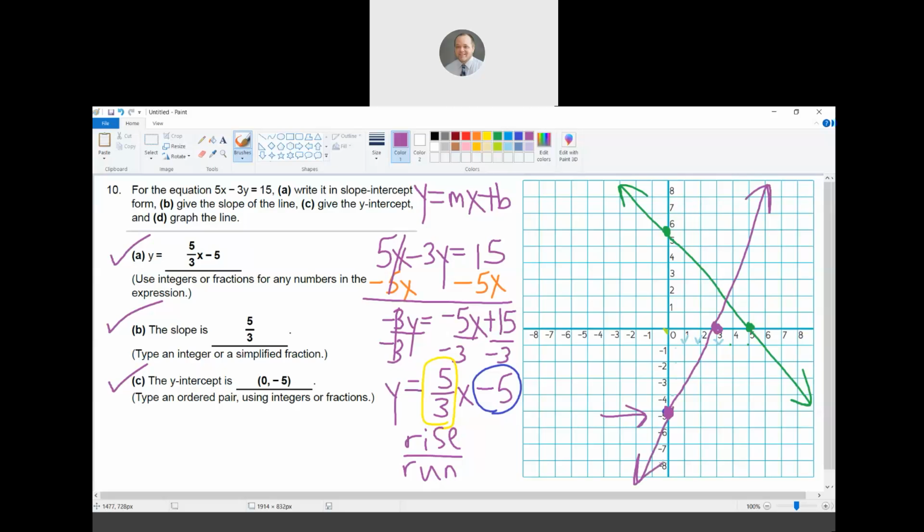Again, remember to use the graphing tool to graph just a regular line. All my math lab needs are 2 ordered pairs. Next question.